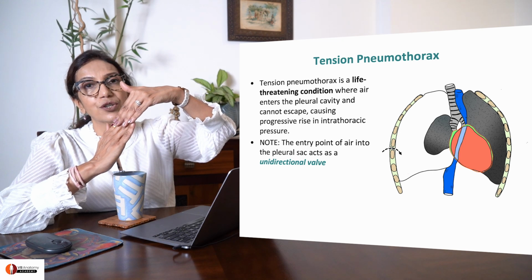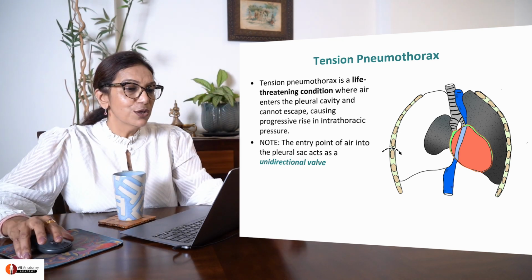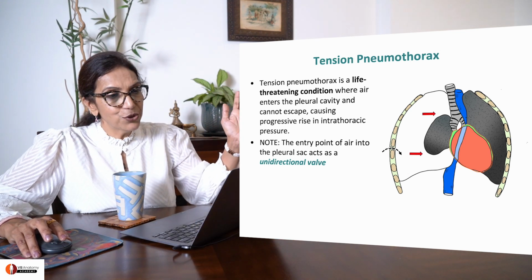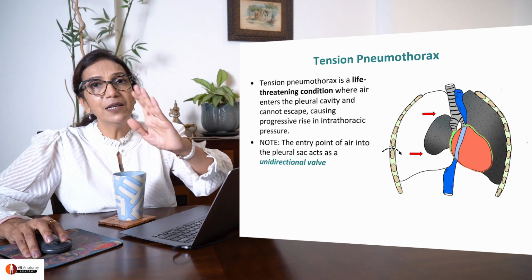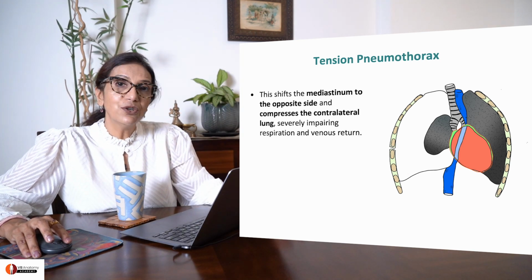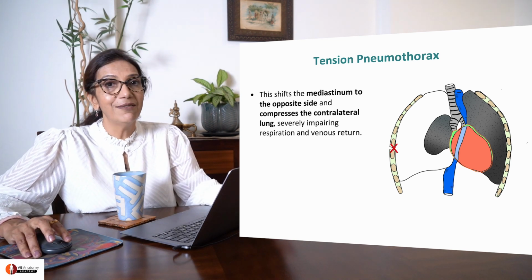Only air is able to enter, it cannot exit. So now every time the patient breathes in, air enters inside and pushes the lung, mediastinum, heart, everything to the opposite side. But when the patient tries to breathe out, can he breathe out from that gap? No, the gap is closed, unidirectional valve.